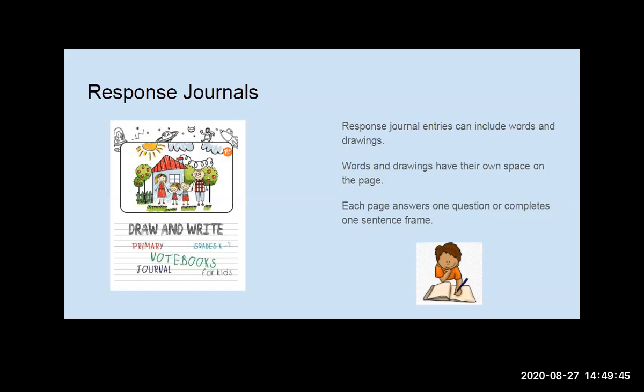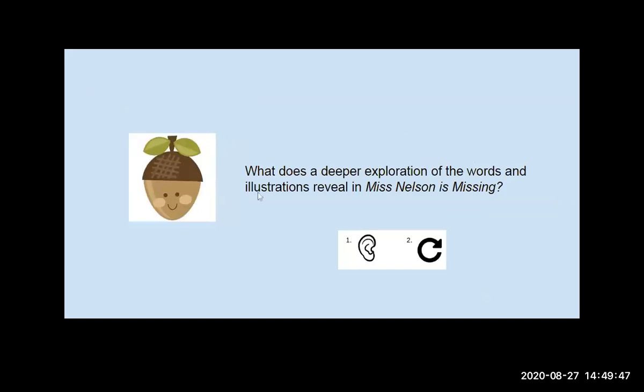So our question for today was, what does a deeper exploration of the words and illustrations reveal in Miss Nelson is Missing? And so we took a closer look today at the words and the pictures in the story to help us understand what's going on.